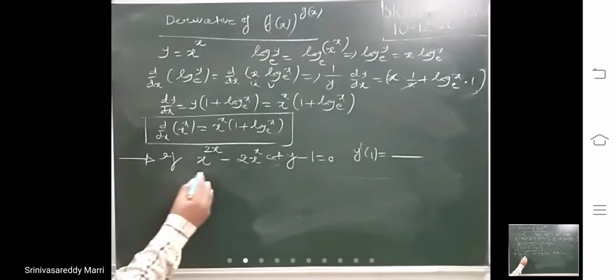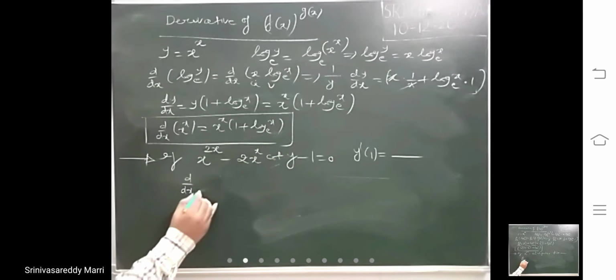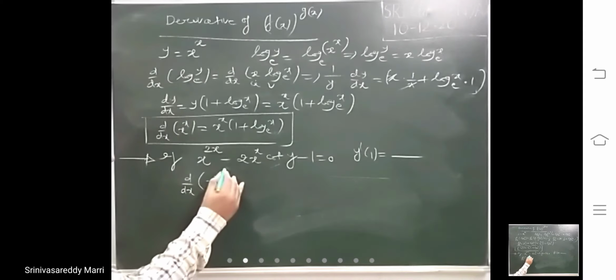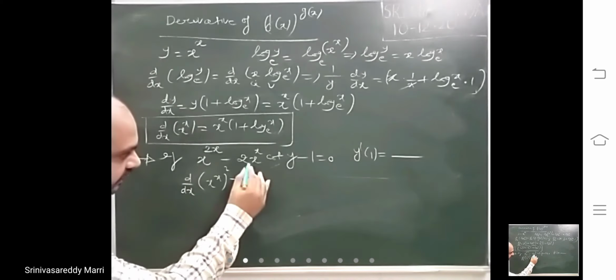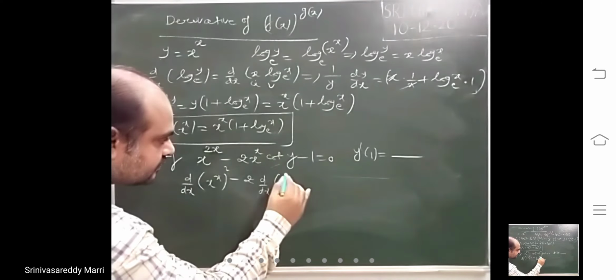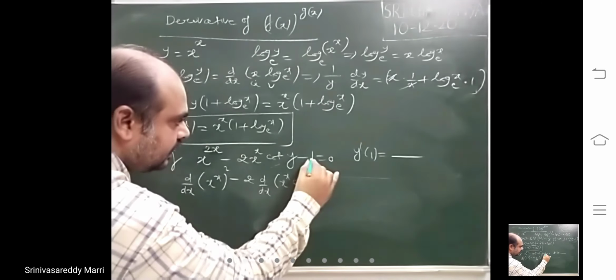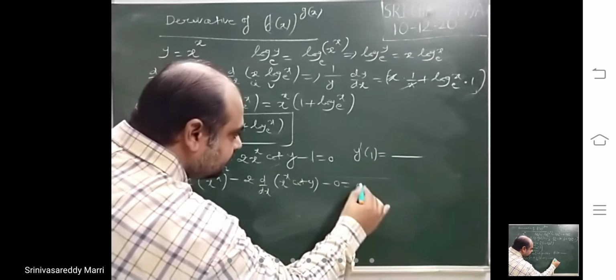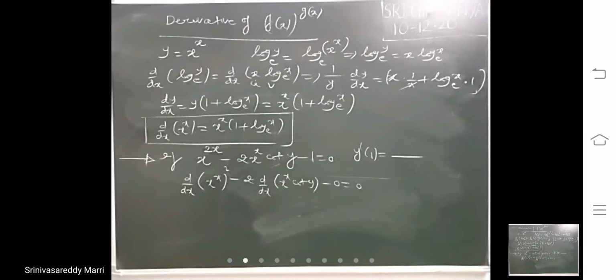Now I am applying d by dx on both sides of this equation. x power x whole square, minus 2 is constant. Derivative of 1 is 0. That side d by dx of 0 is 0.